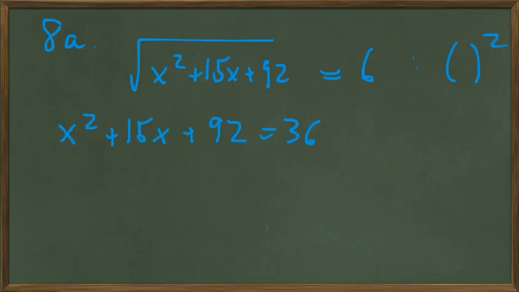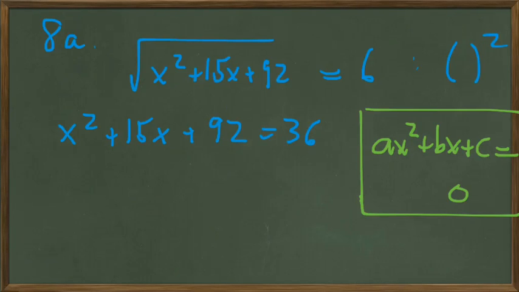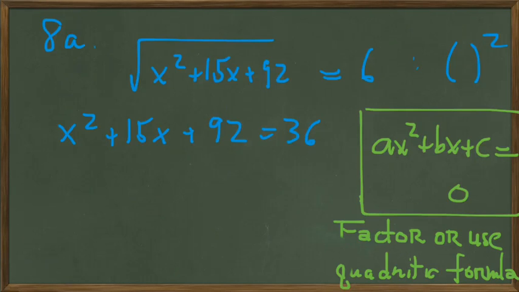When we are solving quadratic equations, we need to put them in the form ax squared plus bx plus c equals 0, and then determine whether we can factor.